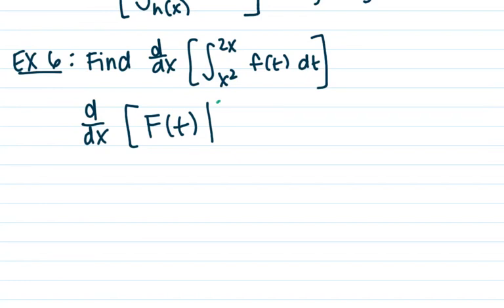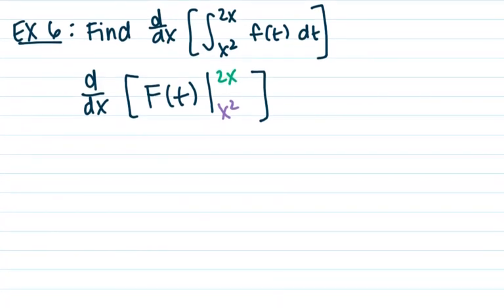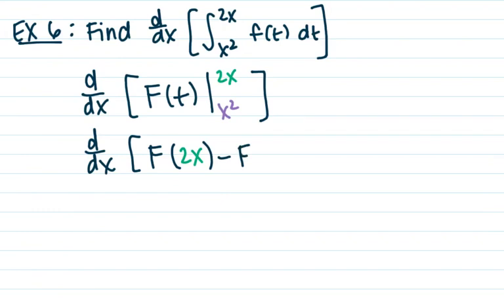I'll use 2x as green and x squared as purple. All right, so that means I'm really finding the derivative of f of 2x minus f of x squared.